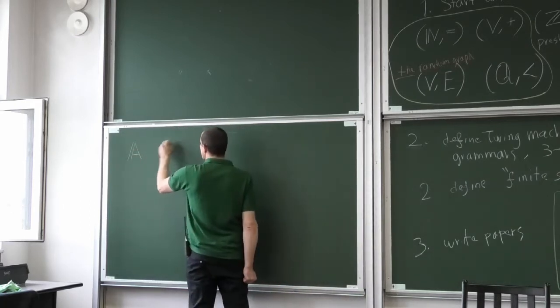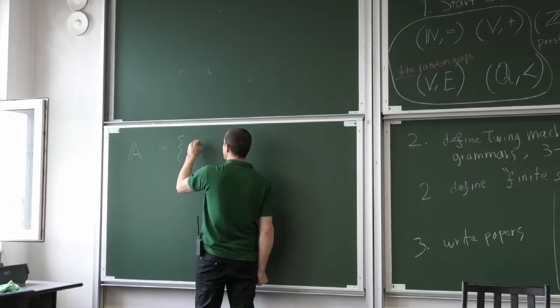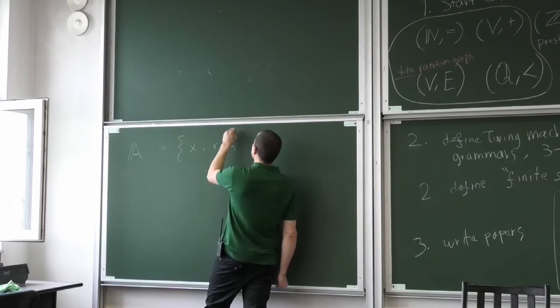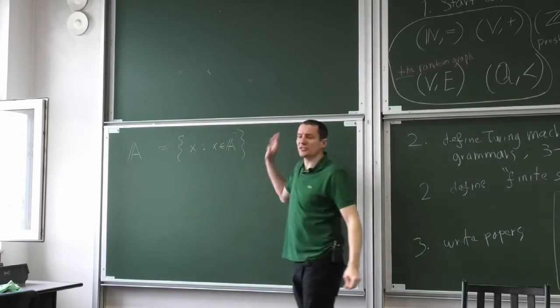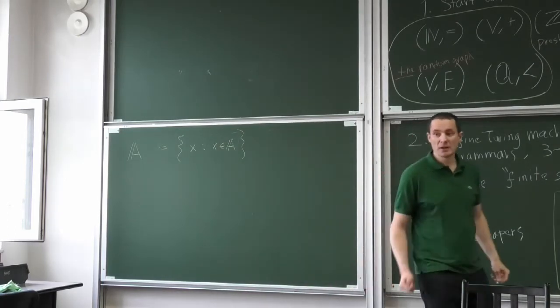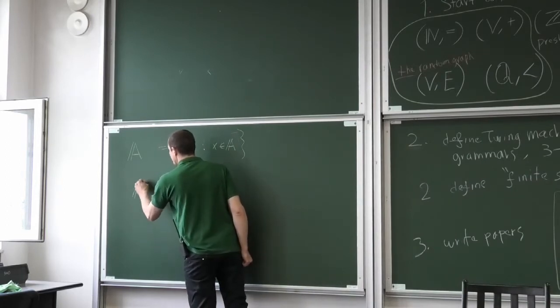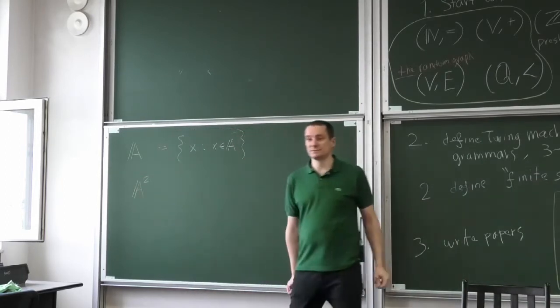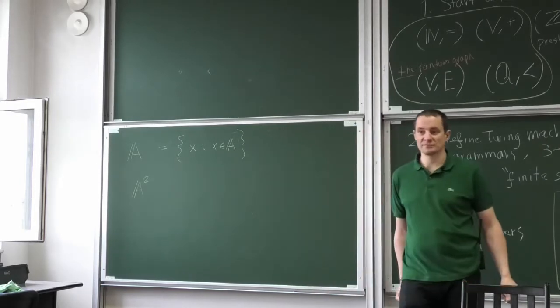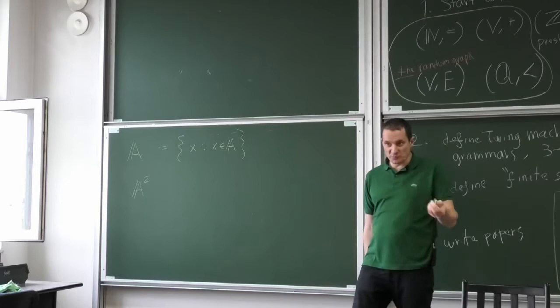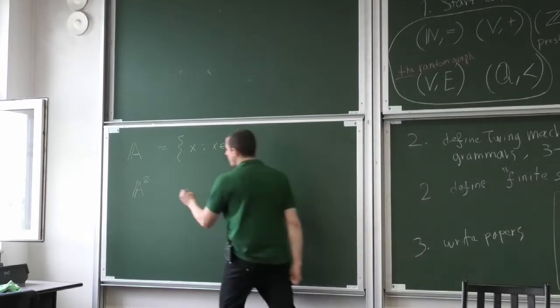This you can write as a set builder expression. I should write such that true, but I won't do that. What about this? Well, let me write the obvious thing, and you'll see that there's a small issue there. It's not very important.